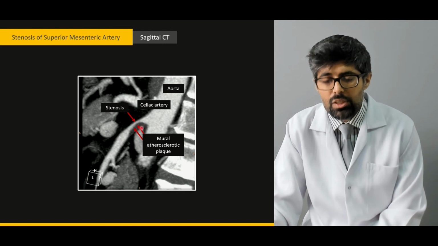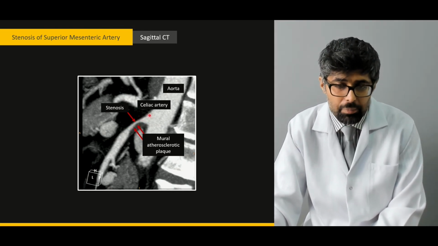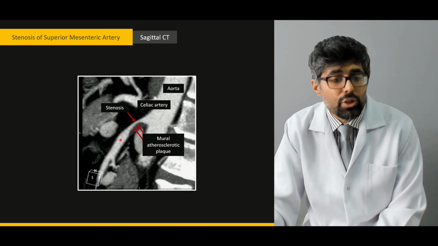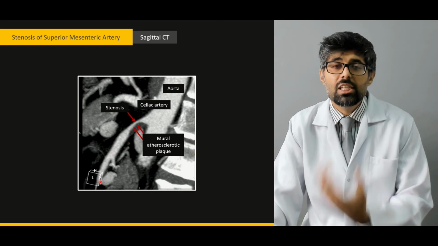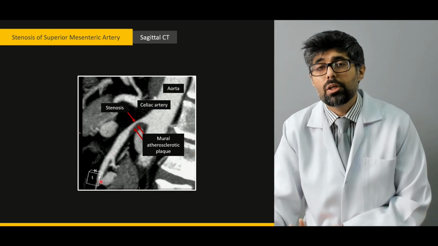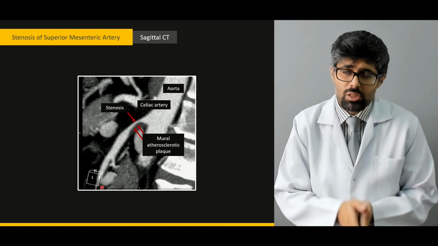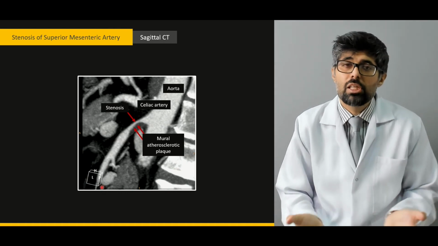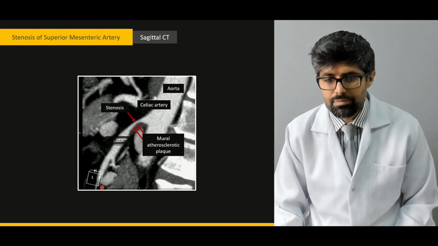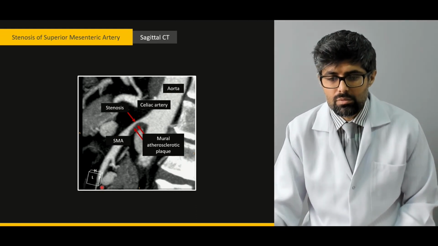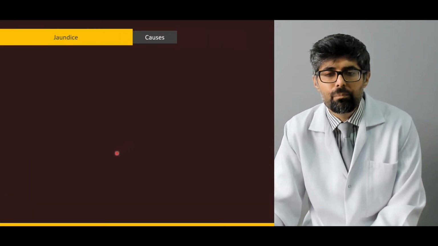Because of the atherosclerotic plaque, stenosis has happened, the blood flow has reduced, and because of this reduced blood flow, ischemic changes in the sigmoid colon have resulted in diverticulitis, that is the inflammation of the diverticula, SMA, or the superior mesenteric artery.